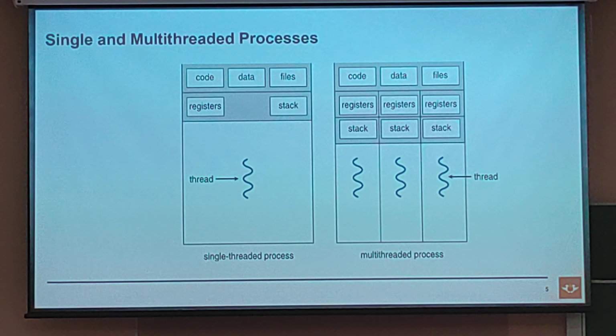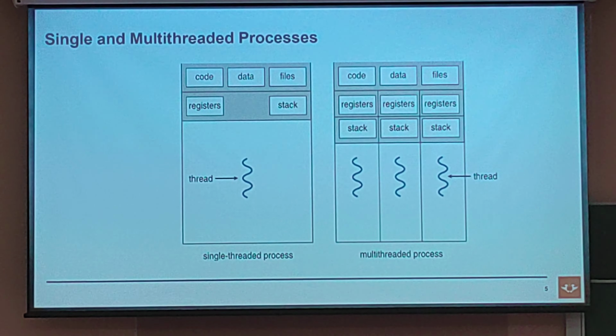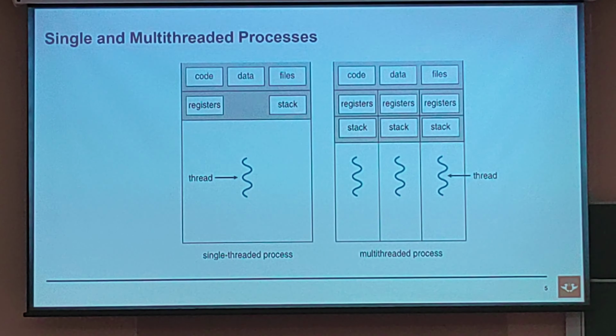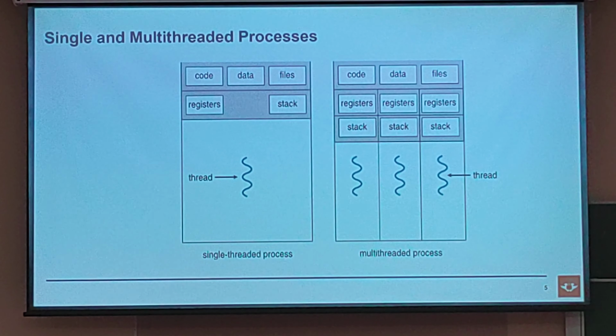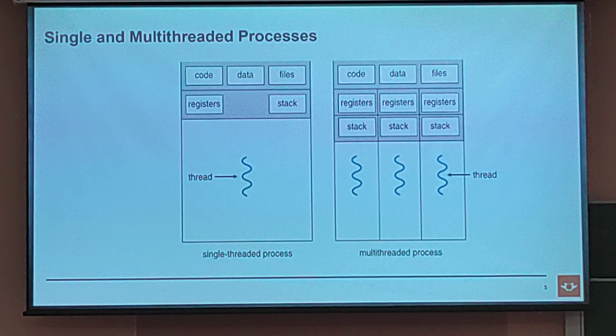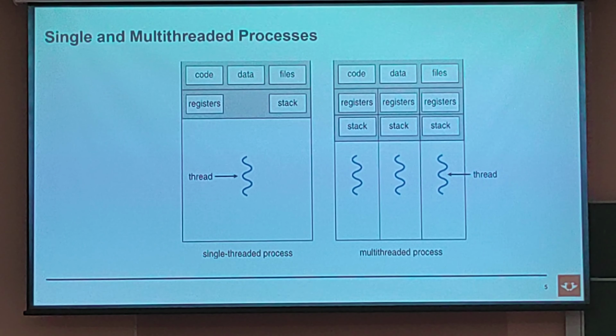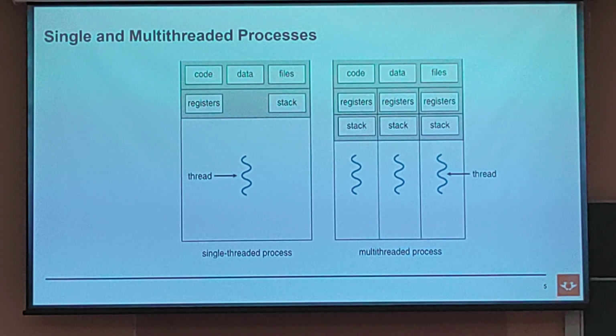Another thing that defines a process is the list of open files, the type of resources currently associated with this specific process. So there are a number of things that each process has uniquely.